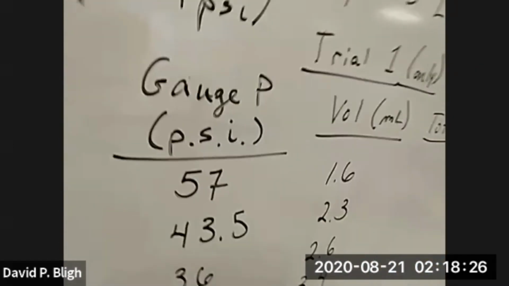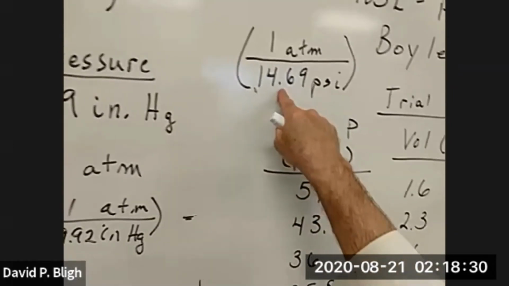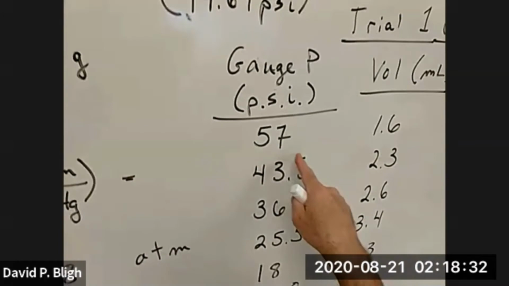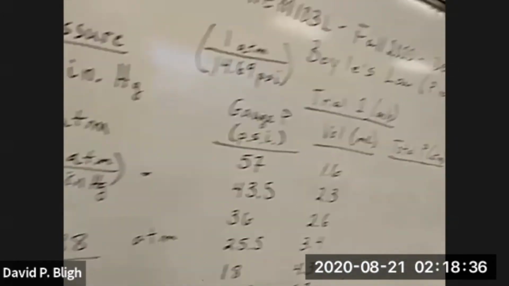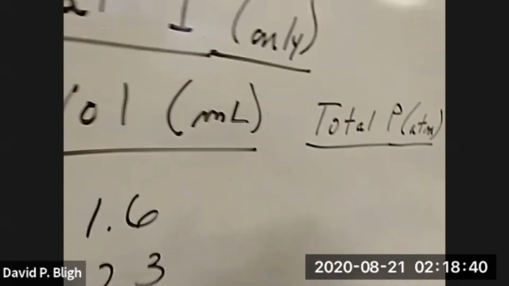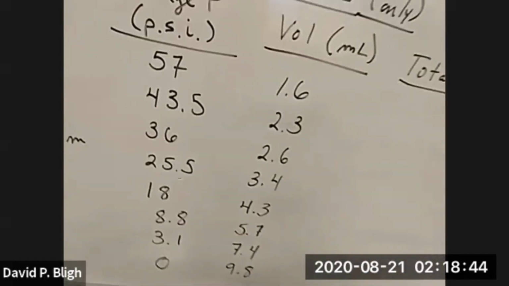That's your multiplier, which in fact is a divisor. 14.69 divided into each one of these will give you the gauge pressure in atmospheres. Then you add to each one of those this, and that gives you that number. All right? So you fill the chart in yourself. I just told you how to do it.